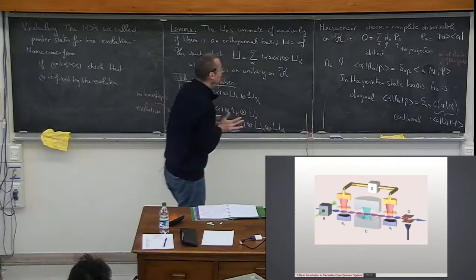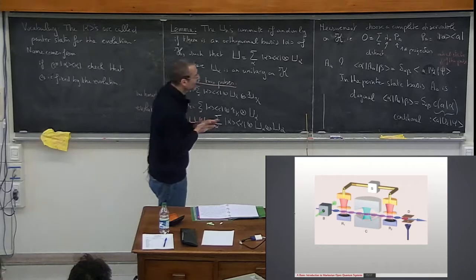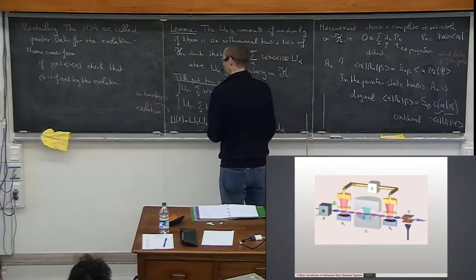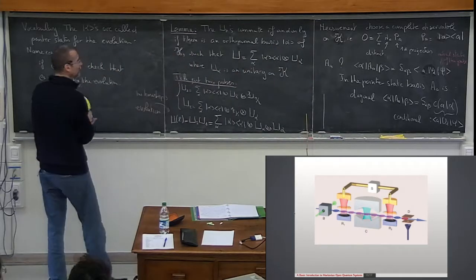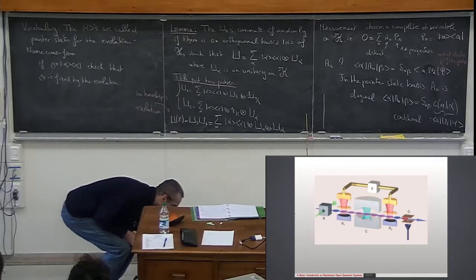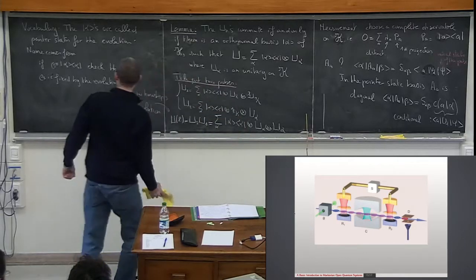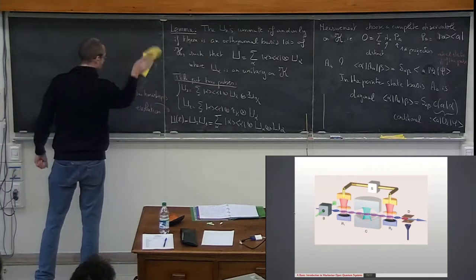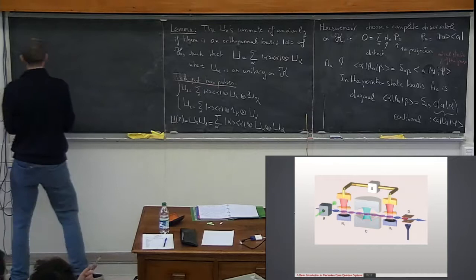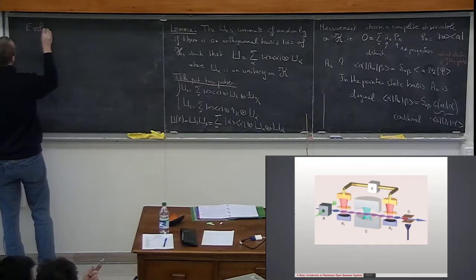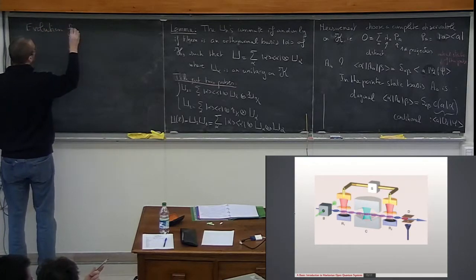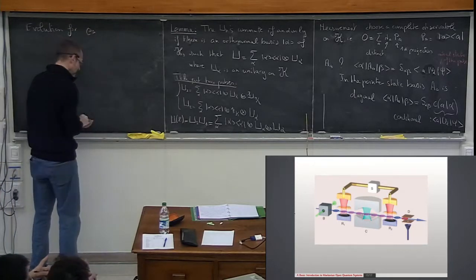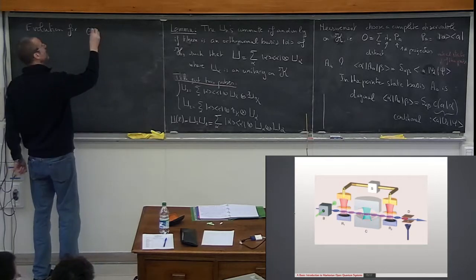Okay. So now you can go on and write things in the pointer state basis, and it's very easy to get the evolution for rho. If you allow me, this will simplify my task.